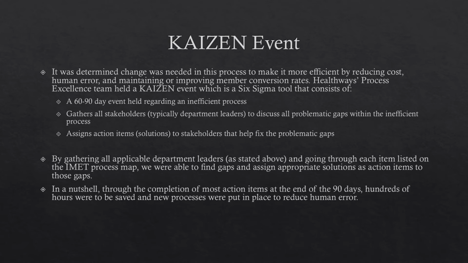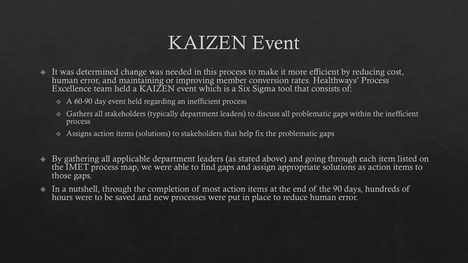So, as I had stated, it was determined that a change was needed in the IMET process to make it more efficient by reducing cost, human error, and maintaining or improving the member conversion rates. So Healthways sent in their process excellence team to hold a Kaizen event, which is a Six Sigma tool that consists of a 60 to 90-day event that's held regarding an inefficient process, such as this IMET process.